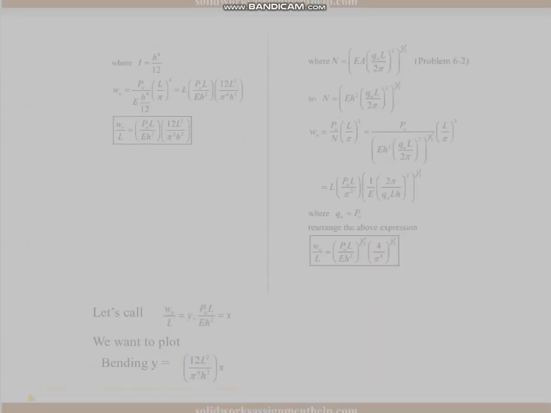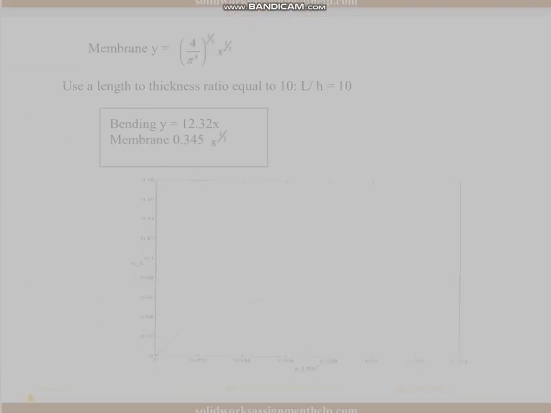Let's call. We want to plot bending, y equals. Membrane, y equals. Use a length to thickness ratio equal to 10, L/H equals 10. Bending, y equals 12.32x.